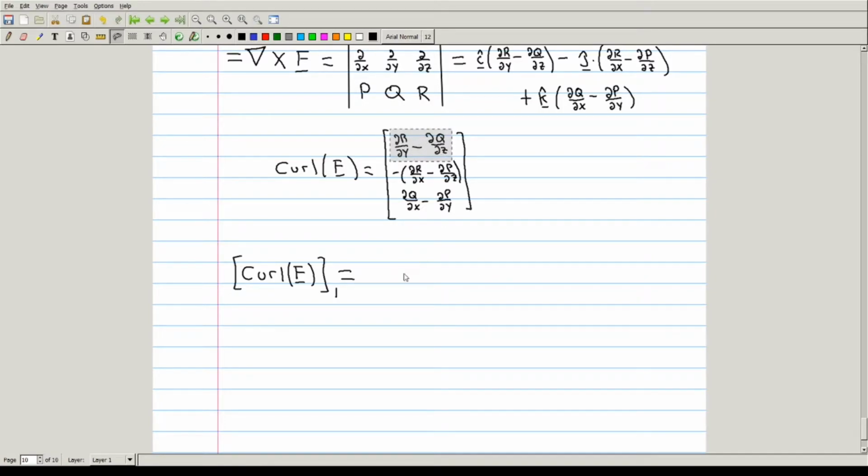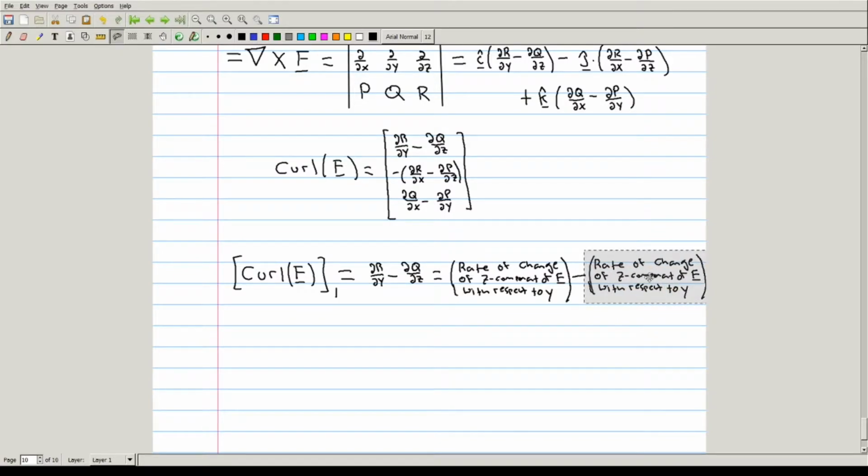This is saying that it's the rate of change of the z component of the vector field f, that is R, with respect to y, and we're subtracting almost the same thing, but it's the rate of change of Q with respect to z, which is the y component of the vector field.